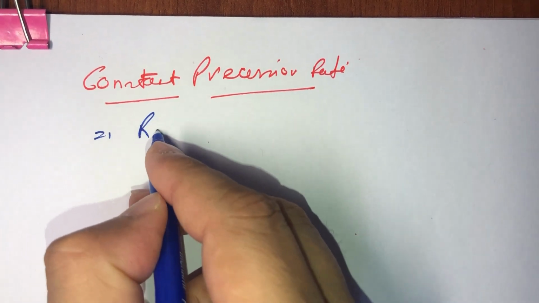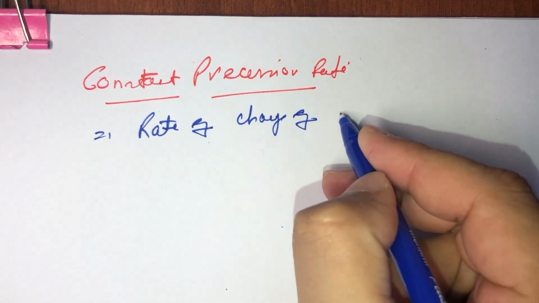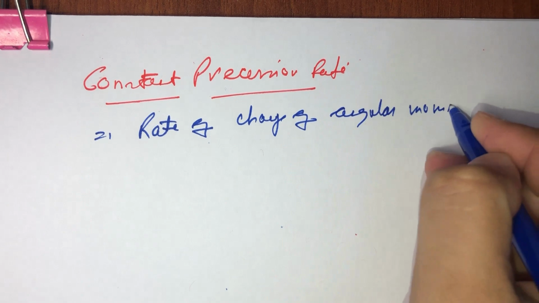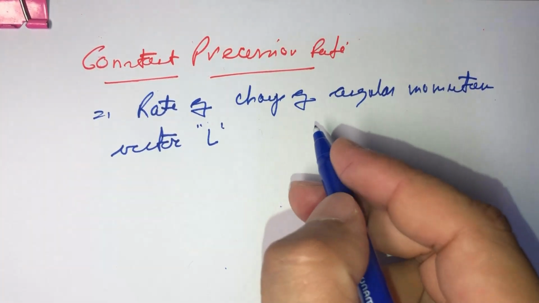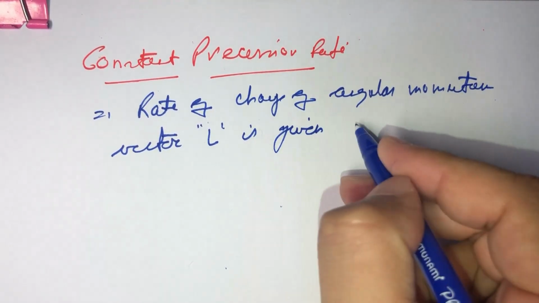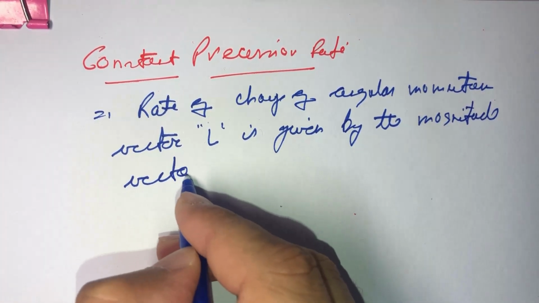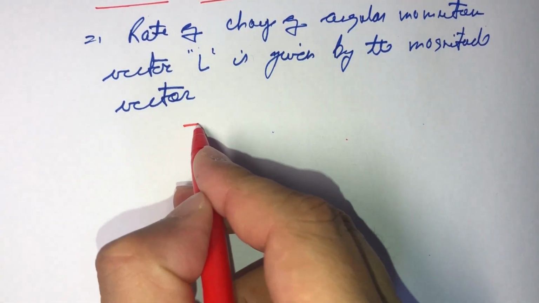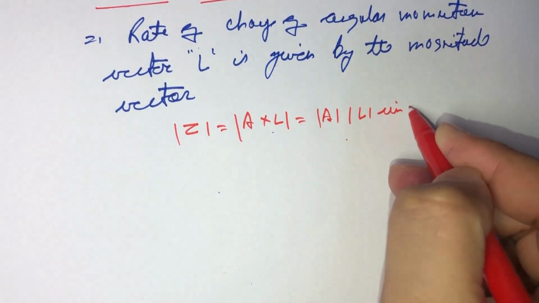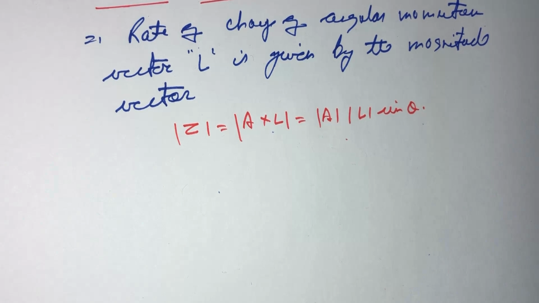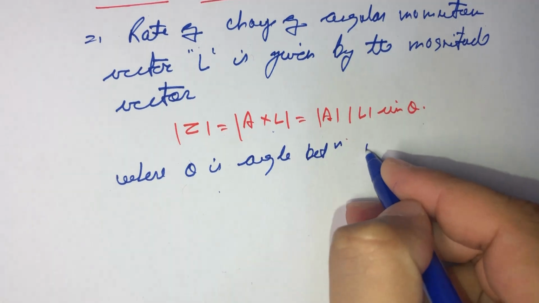The rate of change of angular momentum vector L is given in magnitude by the torque, governed by the equation tau equals A cross L, which equals A L sine theta, where theta is the angle between A and L.